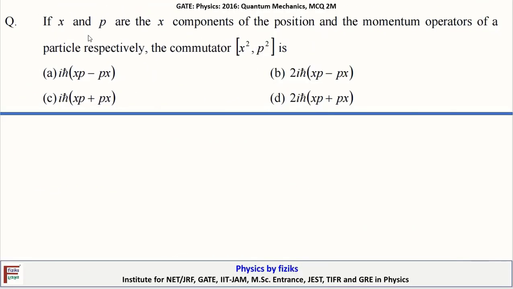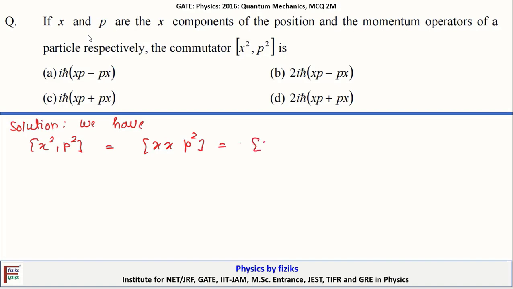If x and p are the x components of the position and momentum operators of a particle respectively, the commutator of x square and p square? Solution. We have x square, p square. Now write it like this.